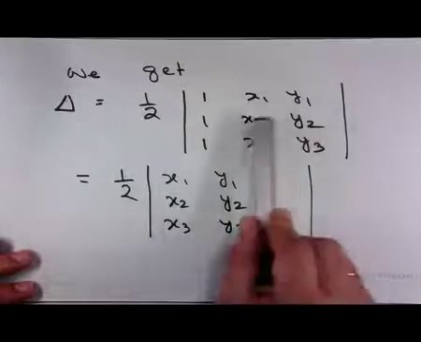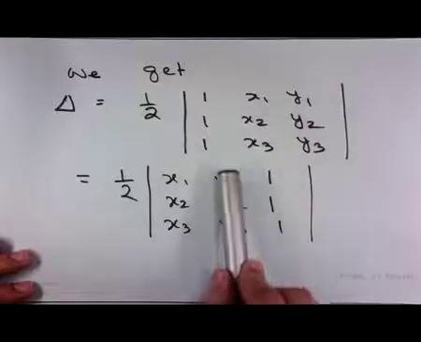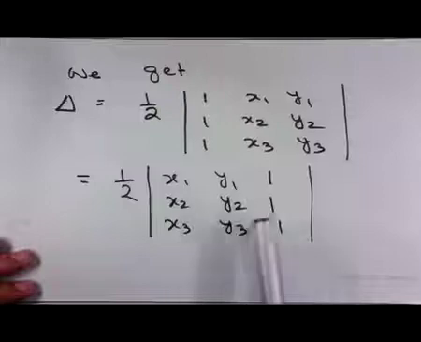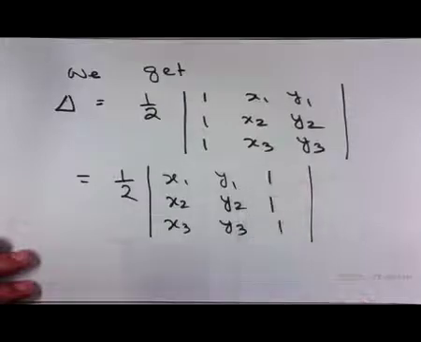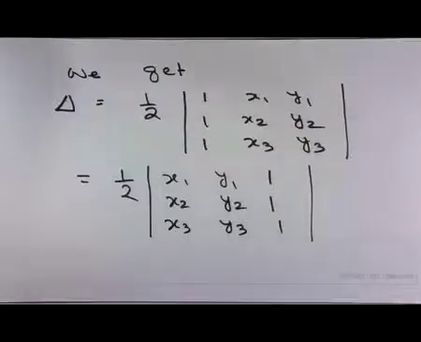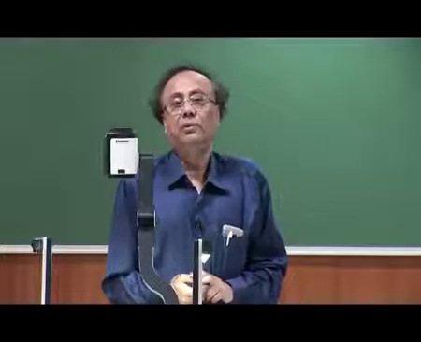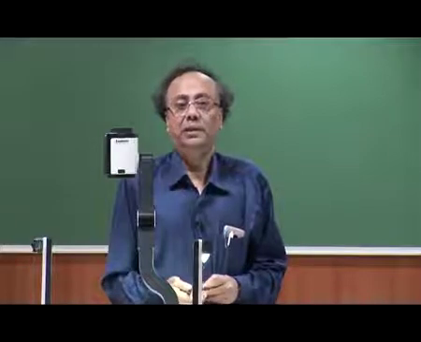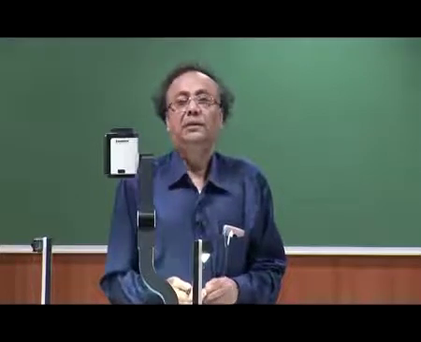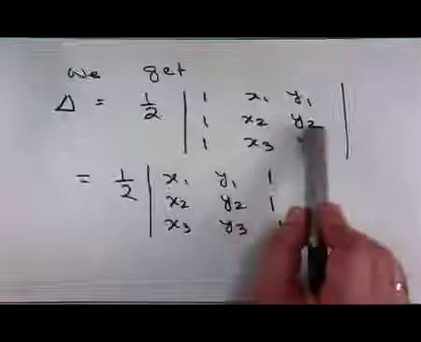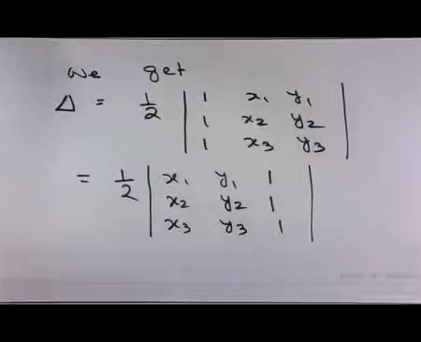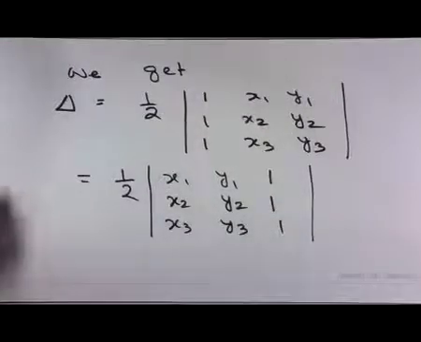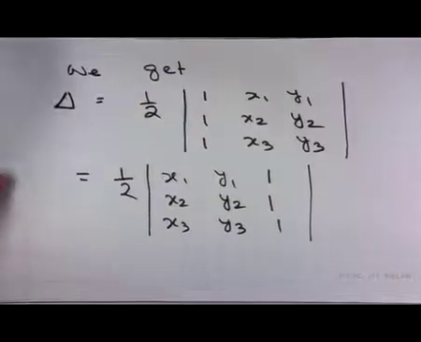Then if we swap the second and third column, I will get y1 y2 y3 here and 1 1 1 here. We know that if we interchange two rows or two columns, then the determinant gets a negative sign. Since we have to do it twice, eventually we will get the determinant with the same sign.